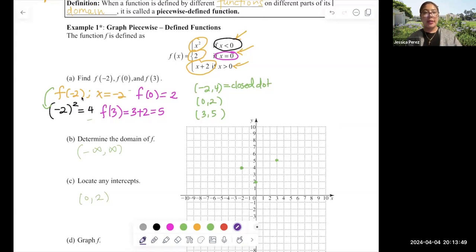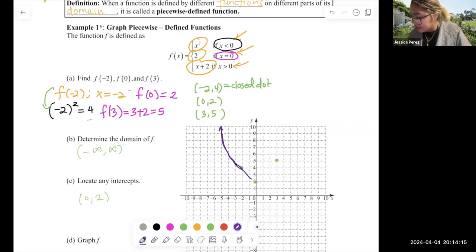Because for negative 2, this is less than 0. So I'm going to draw a parabola shape like this. At 0, I can't plug in a 0 on this piece, but 0 squared would be 0.